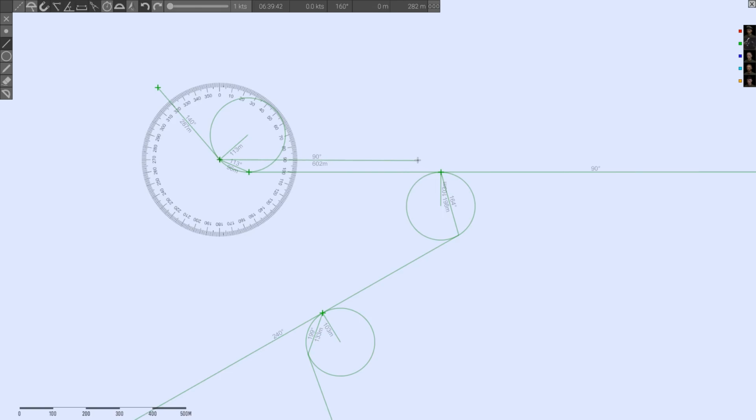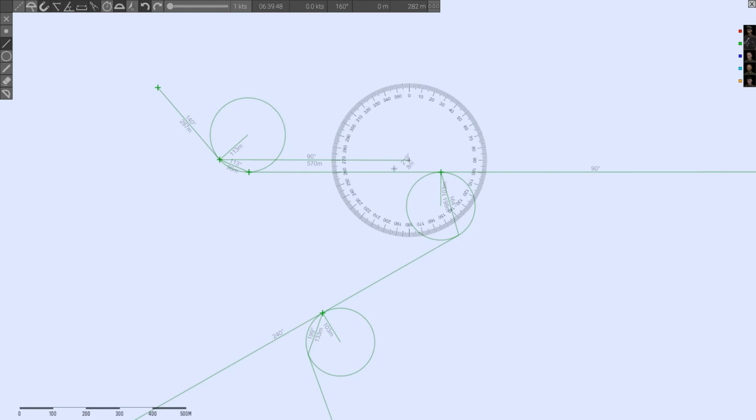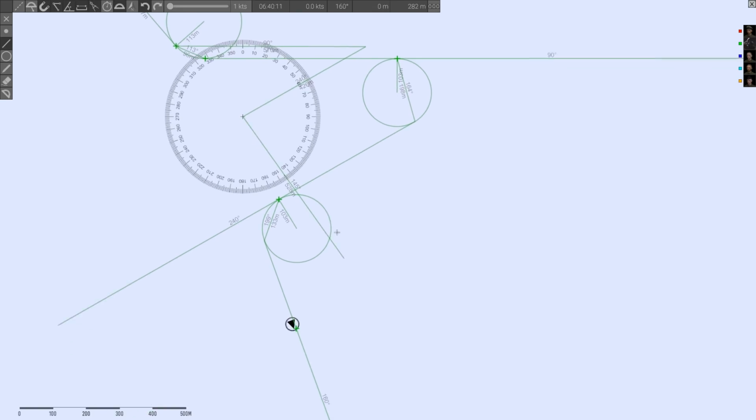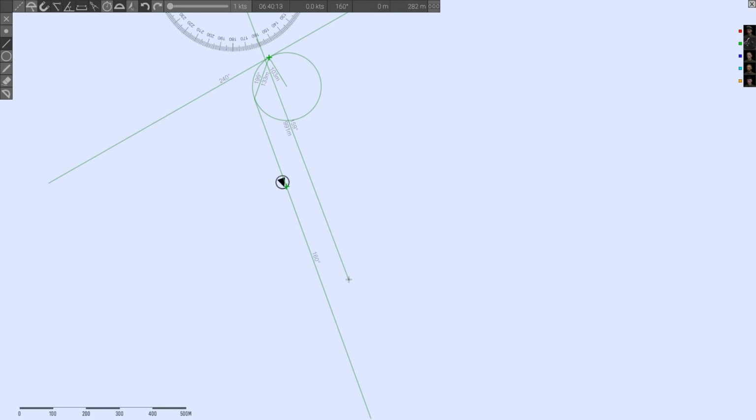Something like that at 90, and then the next turn would have been plotted to 240 from there, and it would be something like this. I'm not doing this mathematically, I'm just guessing, but this is basically what I would guess. And then we go to 160 from here.